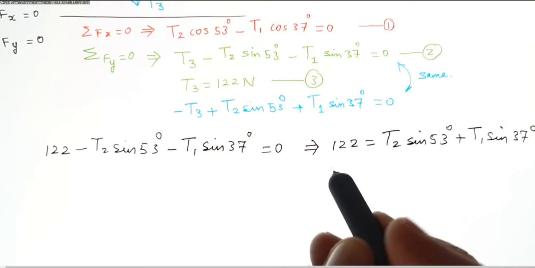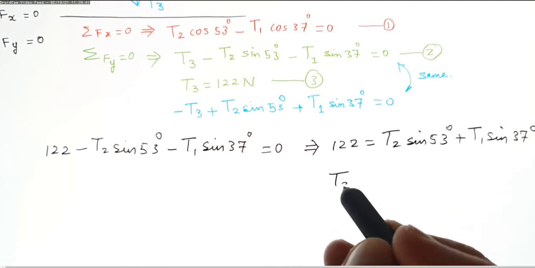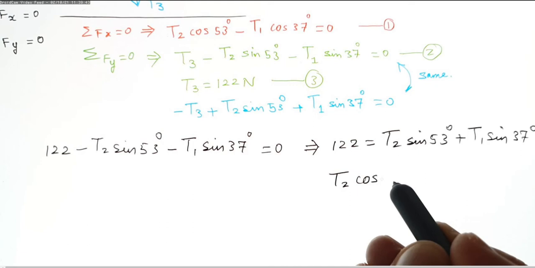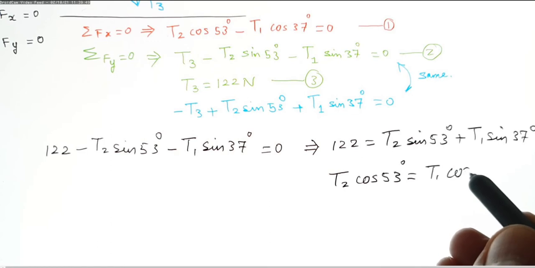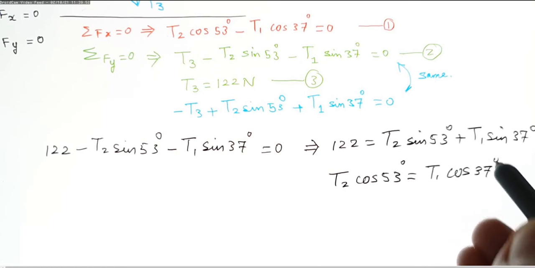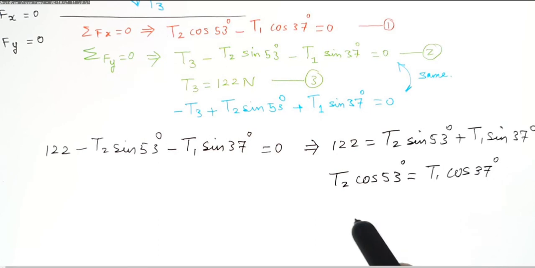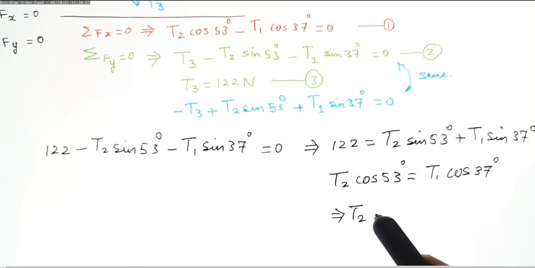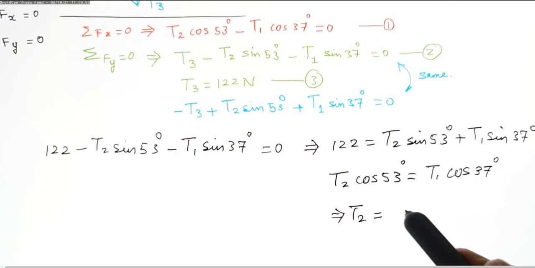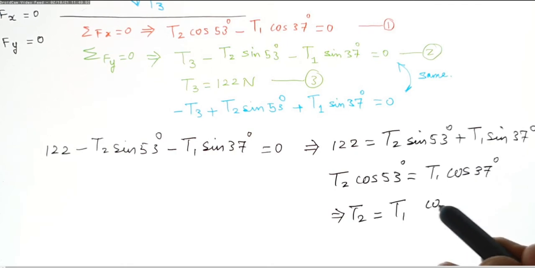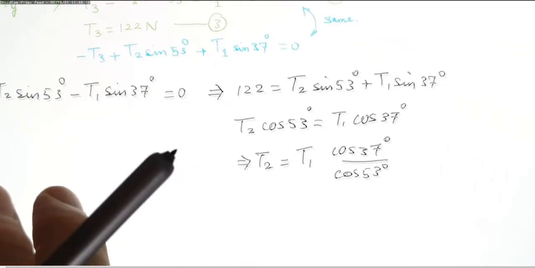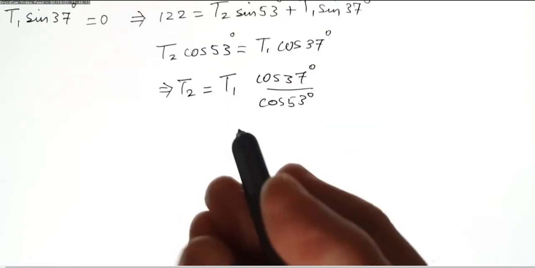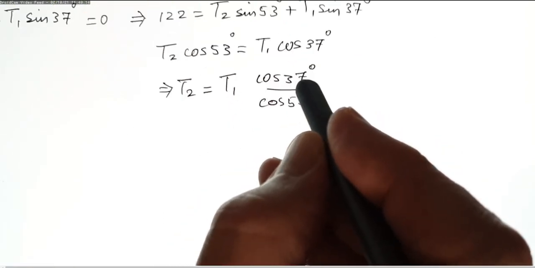Now I use equation 1 to write T2 cosine 53 is equal to T1 cosine 37. From there, I reach T2 is equal to T1 cosine 37 over cosine 53. Meaning I will just put in cosine 37 and cosine 53.